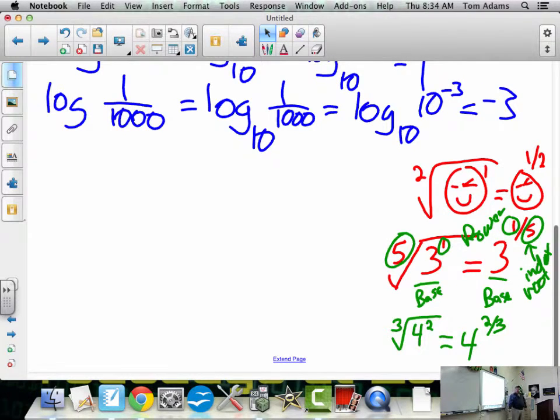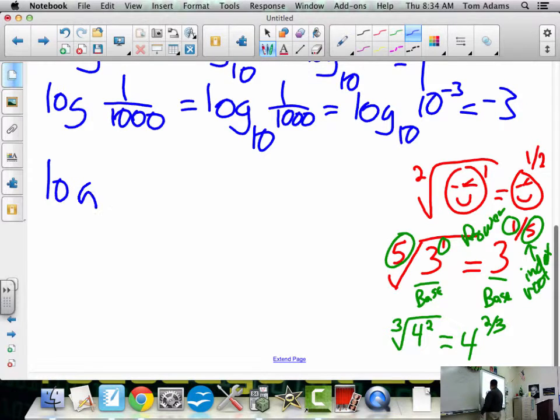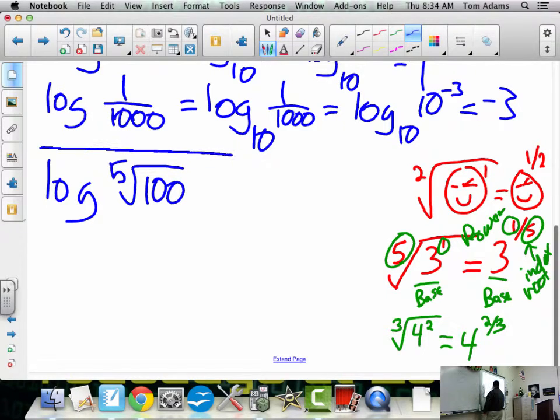All right, good. So now tell me this. What is log of the 5th root of 100? Yes. 100 to the negative 5th. No. It's a good guess. That only works for fractions. Okay?